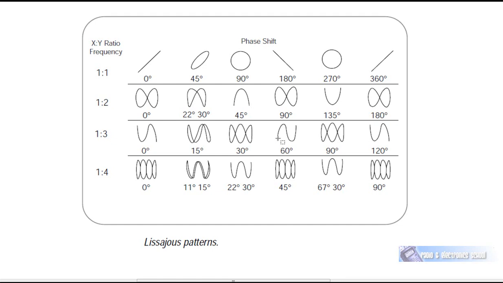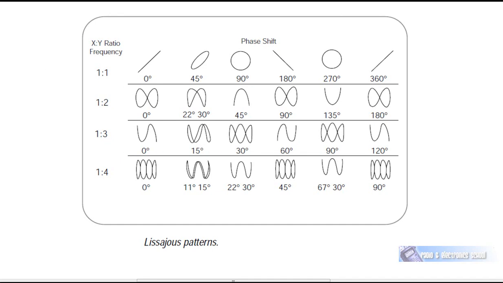In the old days, this used to be a way of determining the frequency of a sine wave. If you had a sine wave generator which you could set to 100 megahertz and you had an unknown signal in the megahertz region that you wanted to know the frequency of, you could mix the two together and produce one of these patterns, and you would get a ratio of the known signal to the unknown signal.